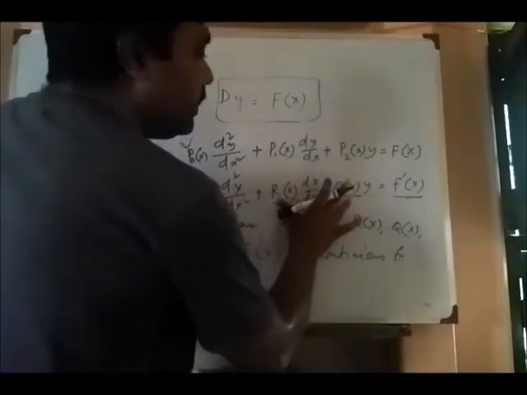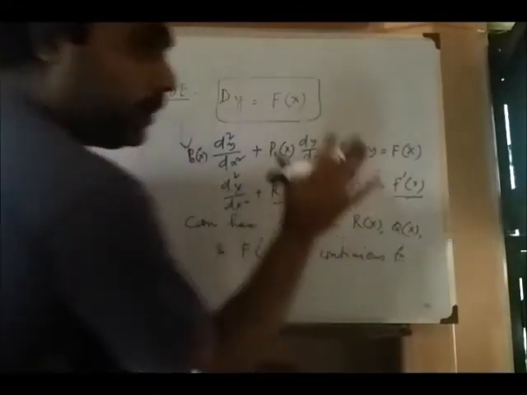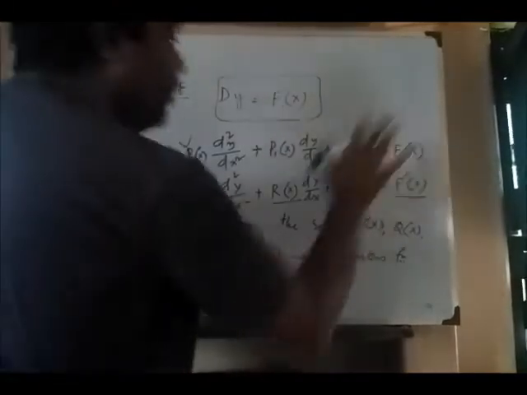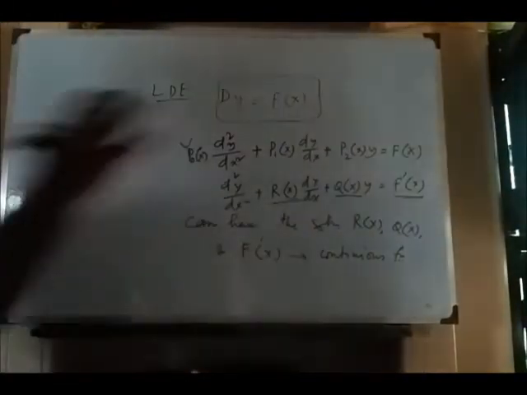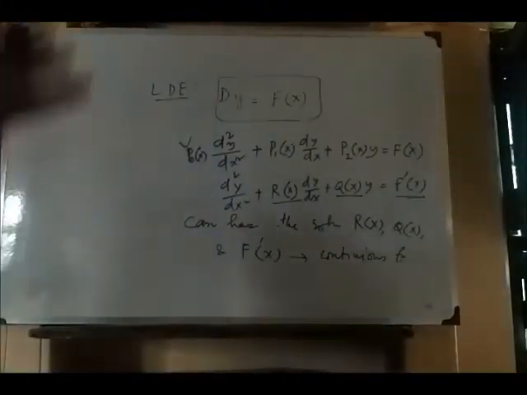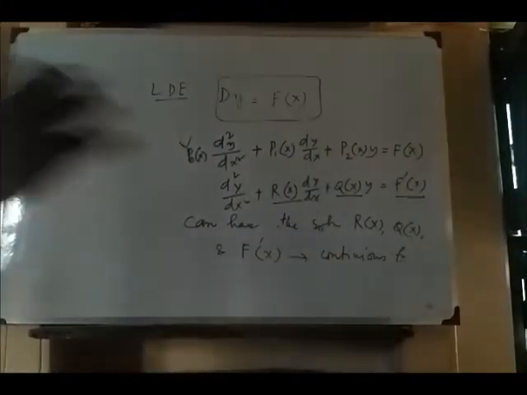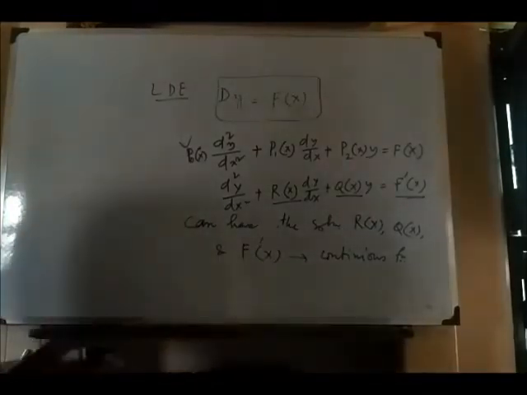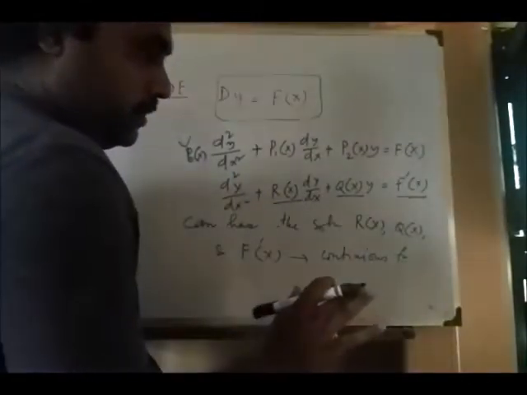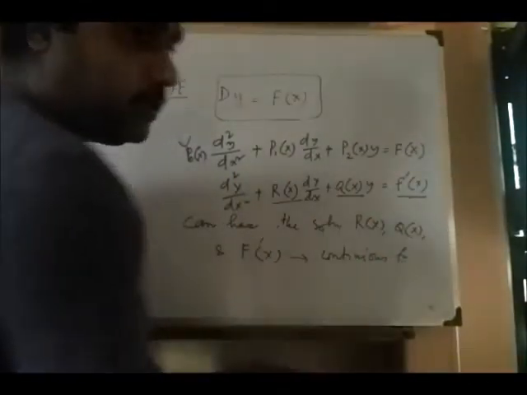You can see here these three functions may be a function of x, or may be constants. So all types of possibilities we are getting in this equation. If r(x), q(x) and f'(x) are constants, they must be continuous functions.